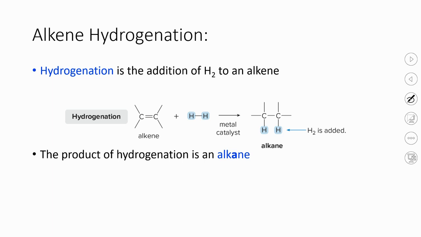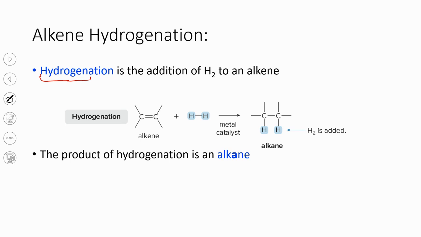So hydrogenation, if we look at this word, what do you guys see? Good, we've got hydro. We also, if we go all the way over, we've got hydrogen. So hydrogen, we're adding hydrogen to the double bond.